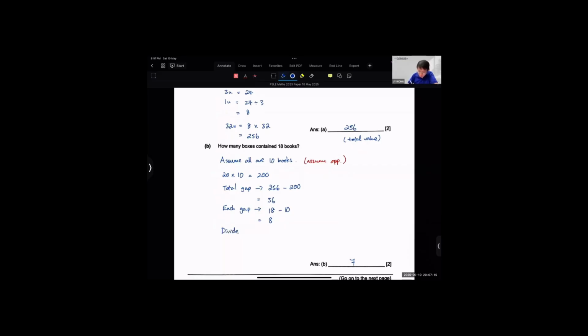Divide what? Divide your big gap by your small gap. So this is 56 divided by 8 to give me 7. And this is the opposite, right? 7 large. Okay.